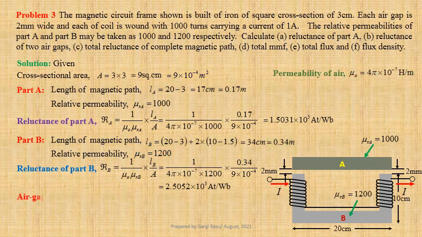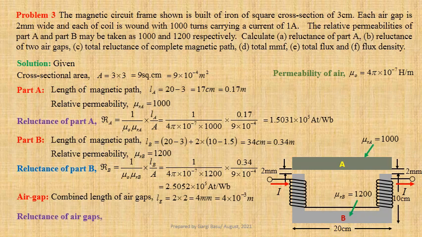For air gap, combined length of the air gaps Lg equals 2 into 2 equals 4 millimeters, that is equal to 4 into 10 to the power minus 3 meter. Let us now calculate reluctance of air gaps.